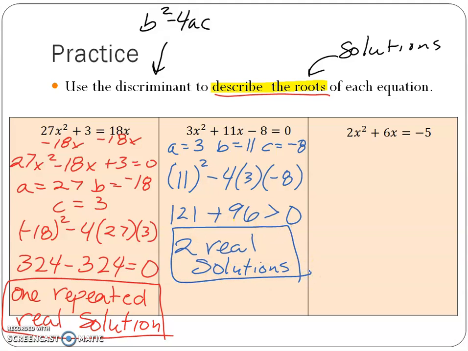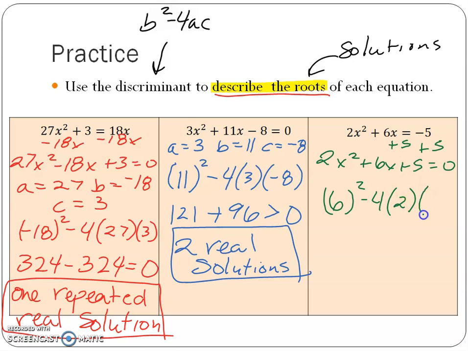And then our very last one, we've got 2x squared plus 6x equals negative 5. Again, get it into standard form first: 2x squared plus 6x plus 5 equals 0. My a value is 2, b value is 6, c value is 5. So b squared, I'm going to have 6 squared minus 4 times a, which is 2, times c, which is 5.